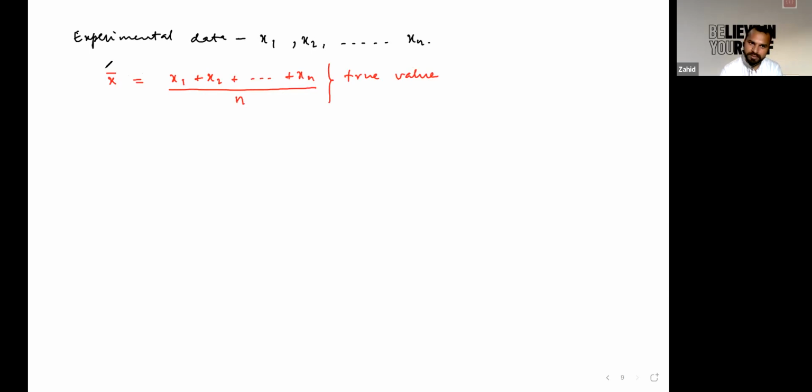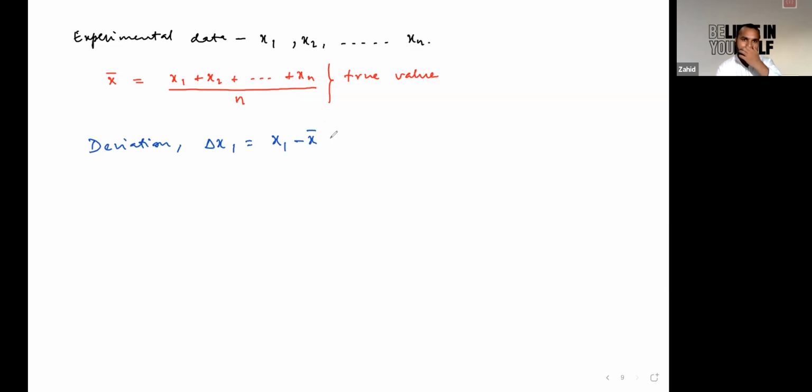Now, if you subtract this true value with respect to each individual data, this term is called as deviation. Let's say delta x1 means deviation of x1 with respect to true value. So it will be |x1 minus x bar|.